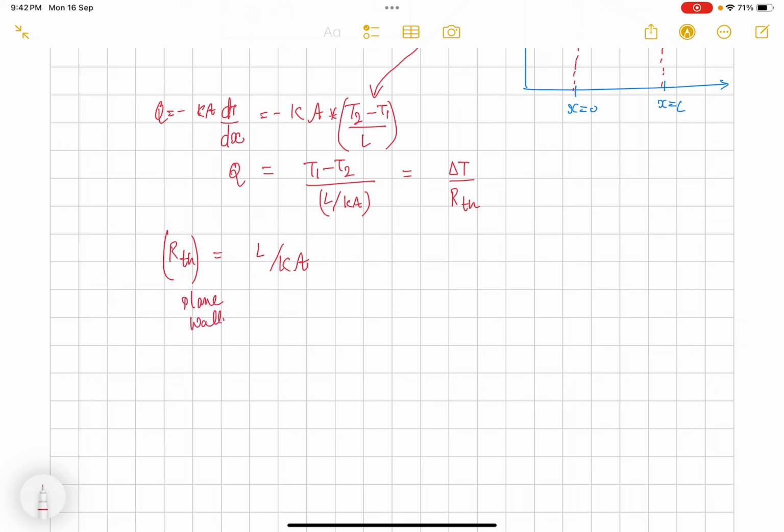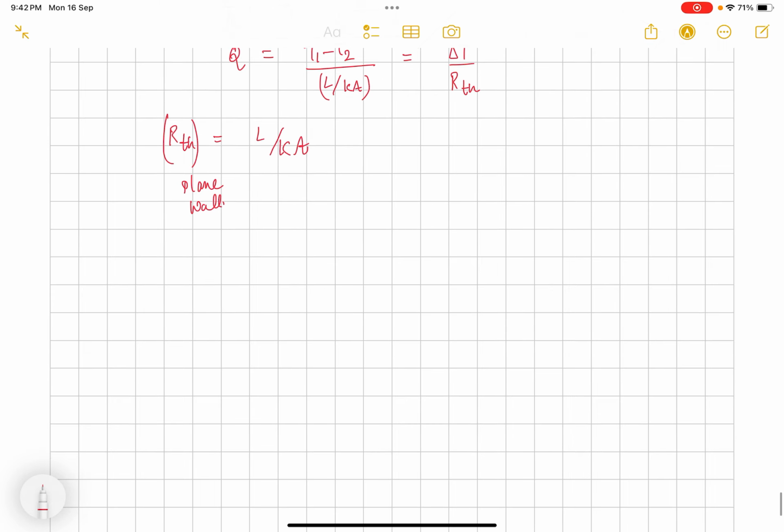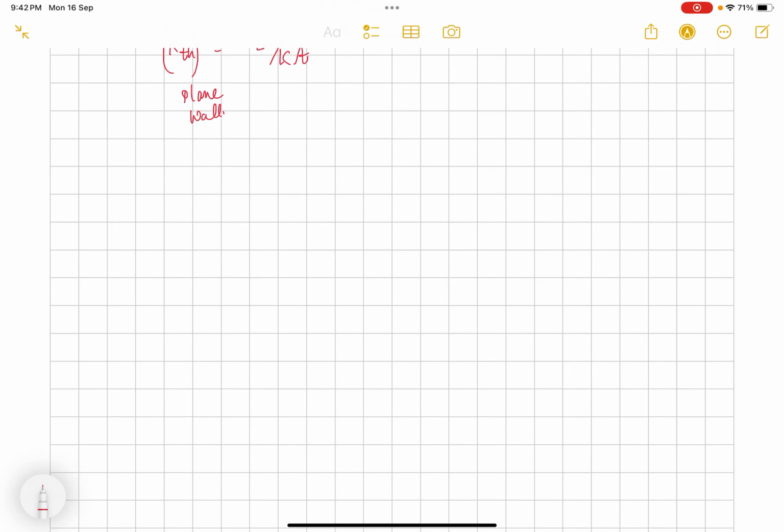There is an alternative way to find the heat transfer and temperature distribution. So what is that alternative way? Start from Fourier's law and integrate it.